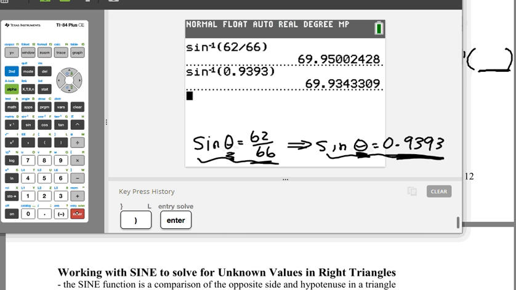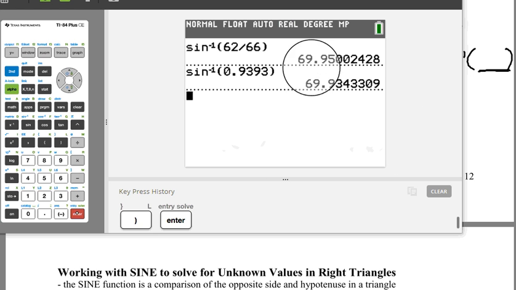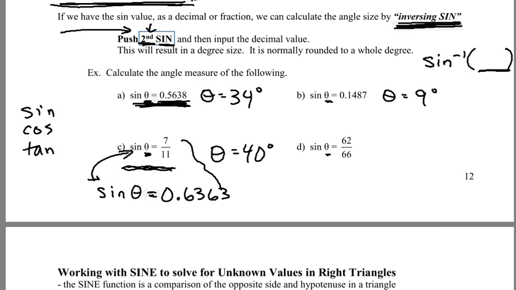Again, the decimal values, the further you go, are off a bit, but we're getting the same angle. Either situation gives us 69.9 or a 70-degree angle. So theta here is 70 degrees.